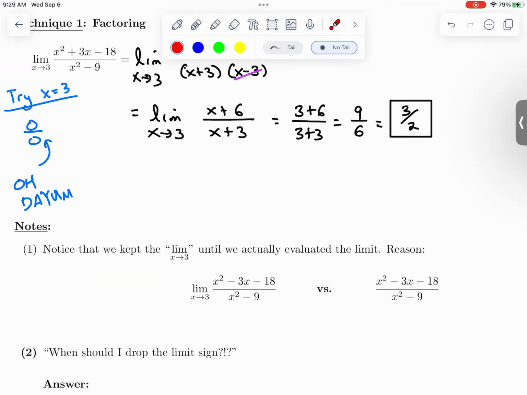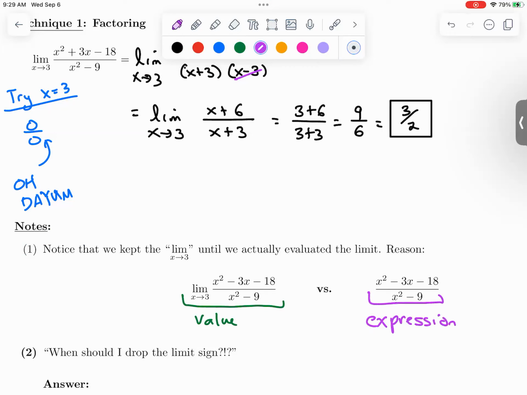Limit as x approaches 3 of x squared minus 3x minus 18 over x squared minus 9. That is a value. This is a value. Whereas this right here is an expression that varies based on what x is.